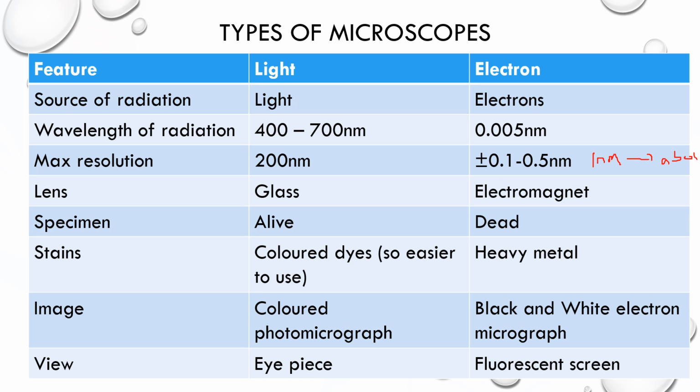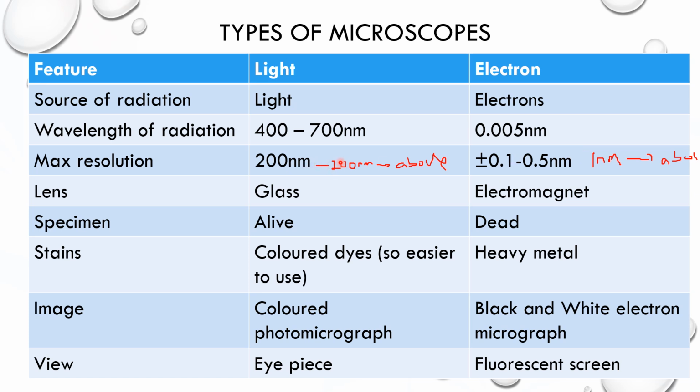The light microscope can see from maybe 200 nanometers and above. You see that the light microscope cannot see anything below 200 nanometers, but the electron microscope can see things way far below 200 nanometers.